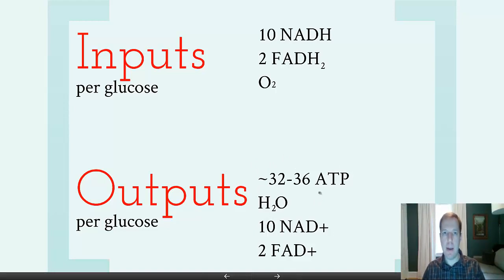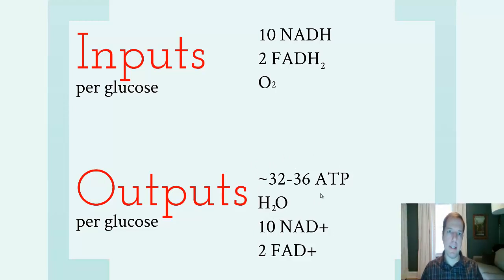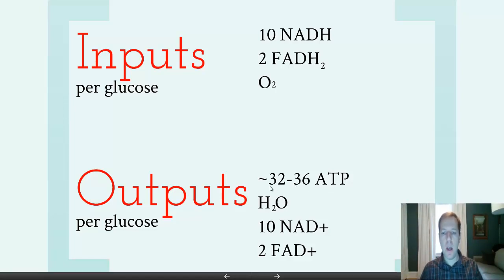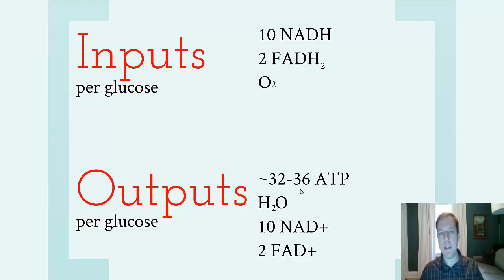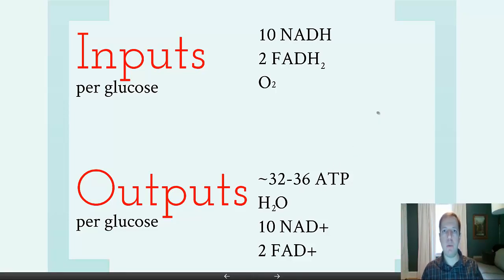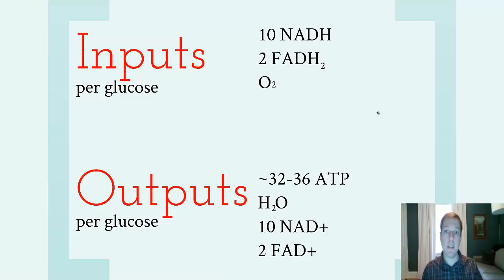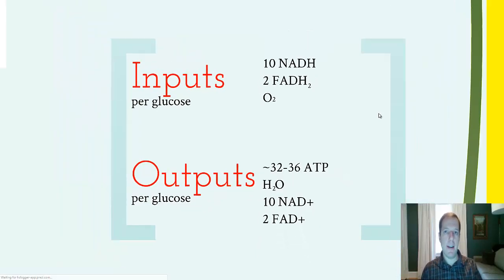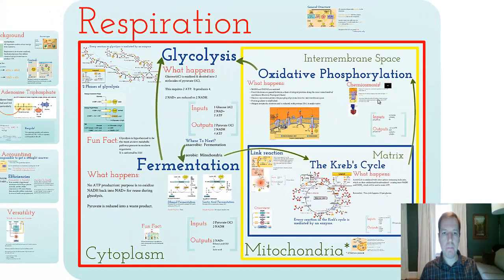There's not a specific amount because really these processes are decoupled from the breakdown of glucose, but something in the mid-30s is a good estimate for the amount of ATP that we can produce, giving us on the whole something up to 36 to 40 ATP being produced on average per glucose molecule between the combined processes of glycolysis, Krebs cycle, and oxidative phosphorylation.